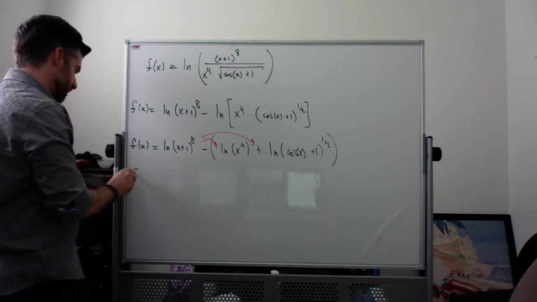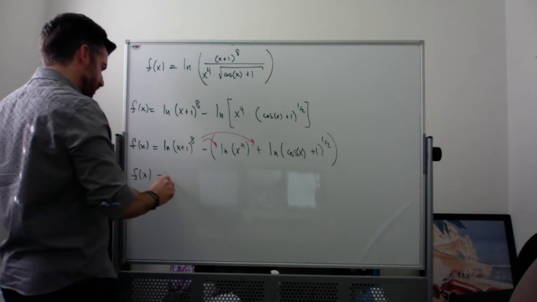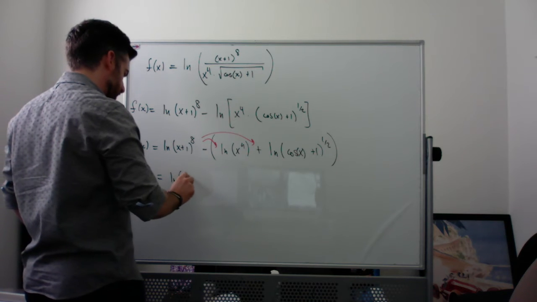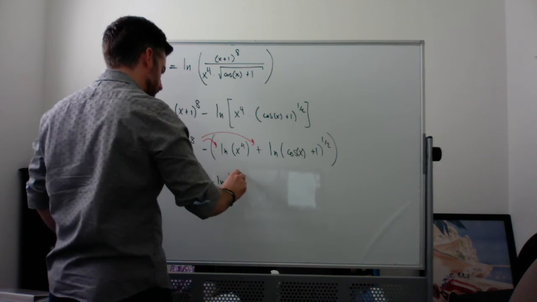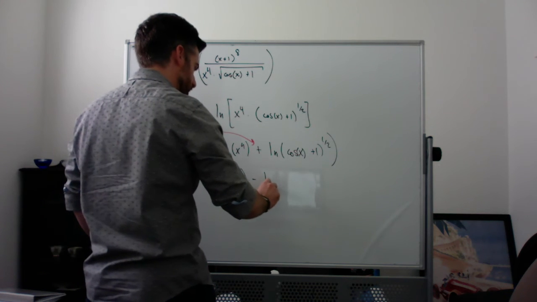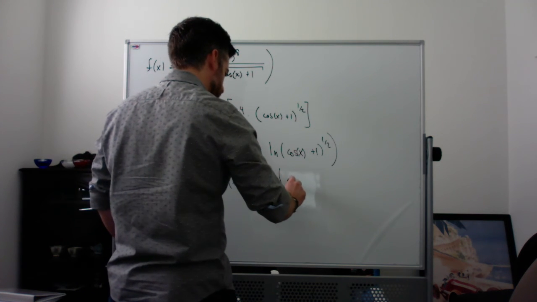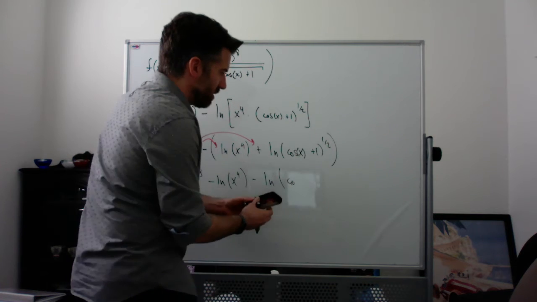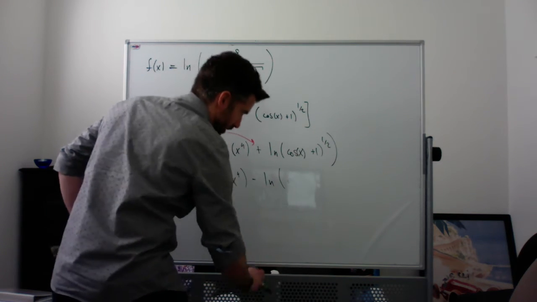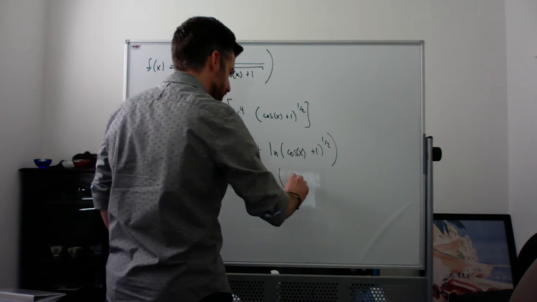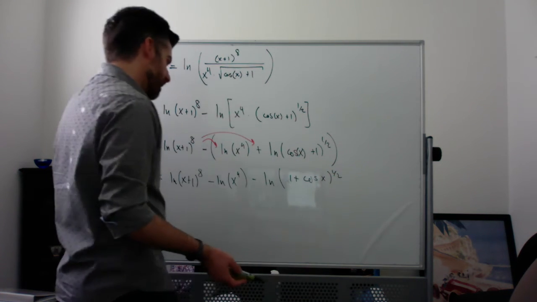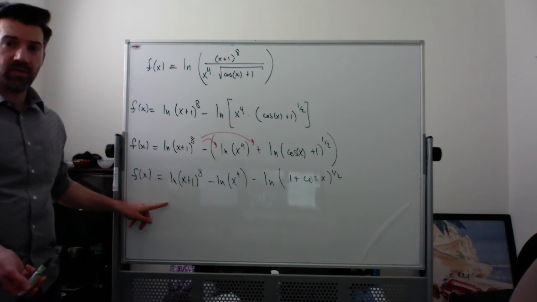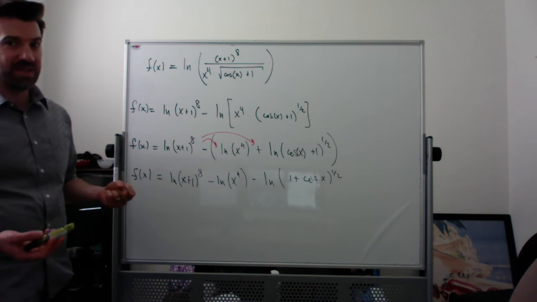So I've actually got f of x equal to the natural log of x plus 1 to the 8th minus the natural log of x to the 4th minus the natural log of, I might just write this as 1 plus cosine x, so 1 plus cosine of x to the 1/2. Now, some people took the derivative right here, which is fine, but it's going to be easier if you do one more simplification.